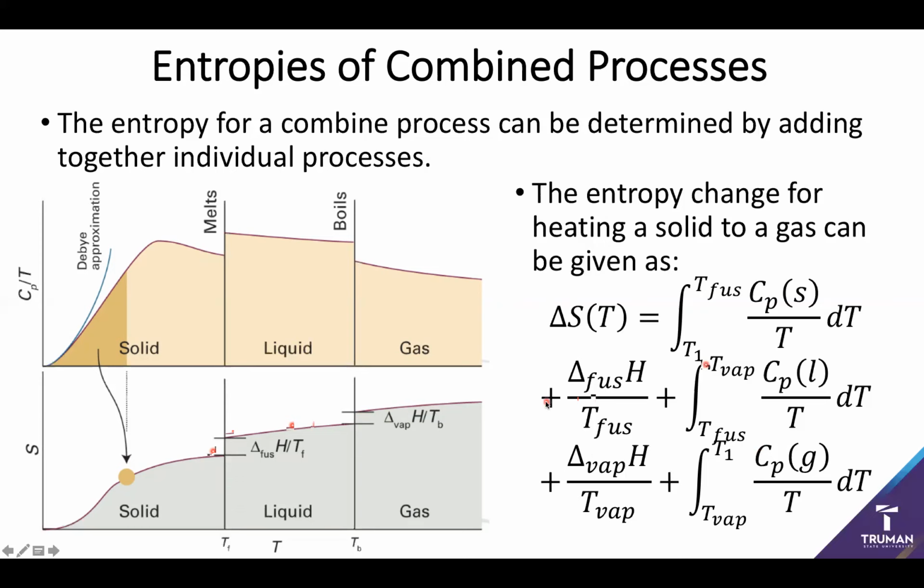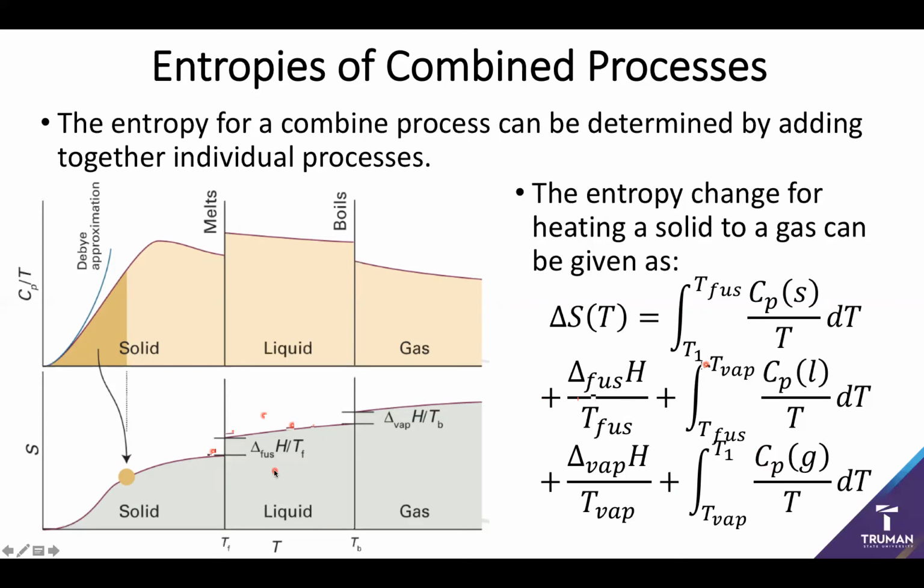And using this nice set of equations, or processes, it really is going to allow us to examine entropy changes for anywhere ranging from a solid to a gas, to a solid to a liquid, or even just from a solid to a solid by picking which chunks of the equation we're most interested in.